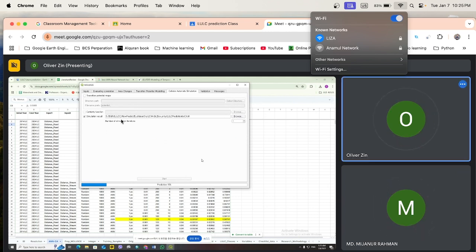Sir, in this analysis I put a 2004 land cover map and a 2014 land cover map. Can I compare the resulted map with the Google Earth Engine based classified land cover map for 2024?